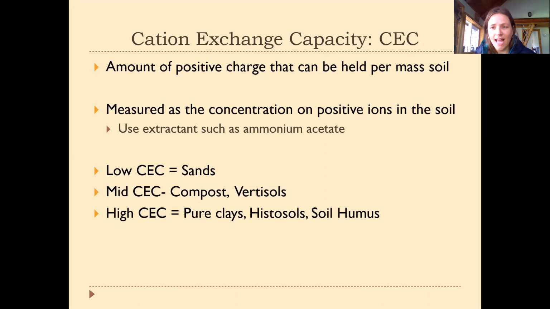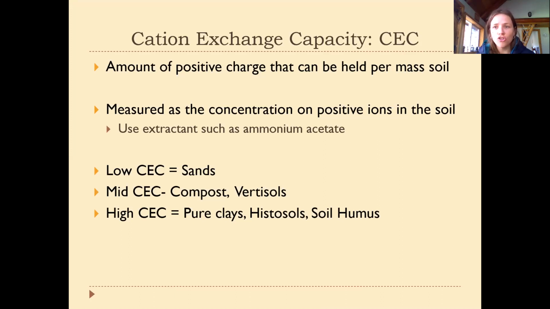So the cations would essentially get expelled from the soil surface, and then they would be floating around in the solution, and then we could measure the concentration of the different kinds of cations in the soil to see how many had been on the soil surface. And then again, that should tell us in the environment how many of those ions would have been available for plants to get at and use as nutrients.